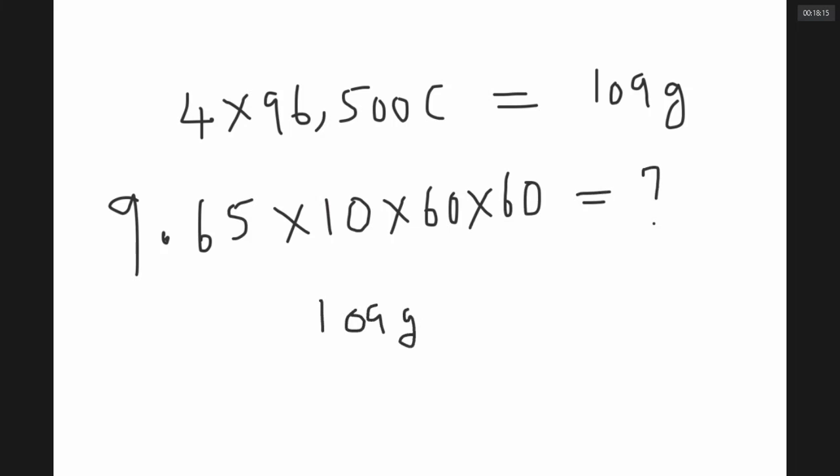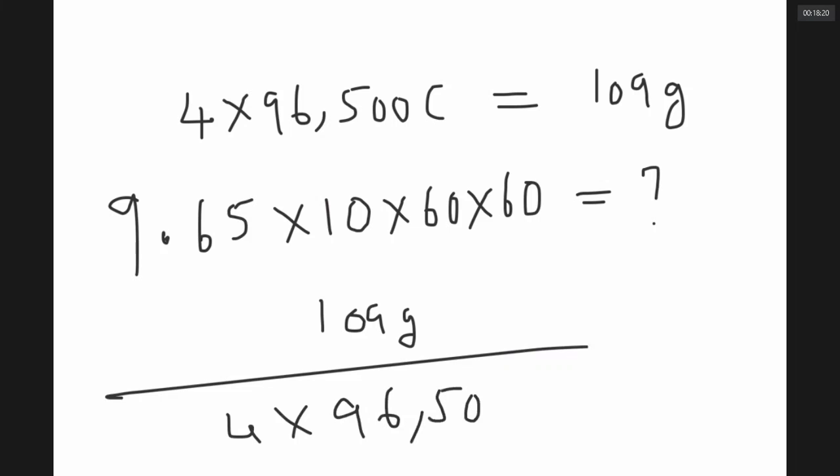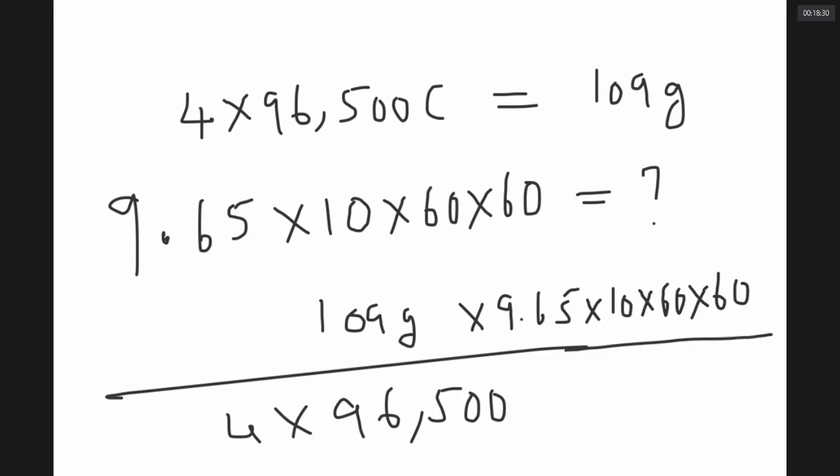109 grams are produced per 4 Faradays, whereas for 9.65 into 10 into 60 into 60, what mass is produced? I can happily cancel the zeros. 9.65 and 965 goes 100 times. 10, 10. Are we very clear about this, sir? So now I will write in blue color.